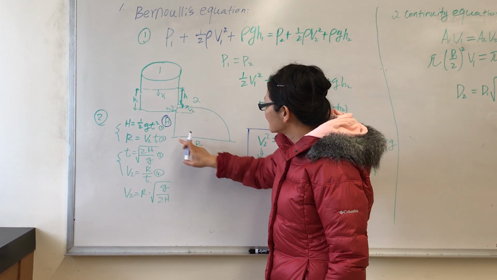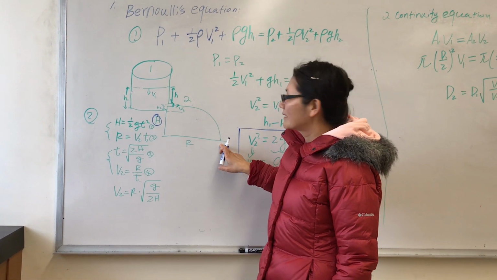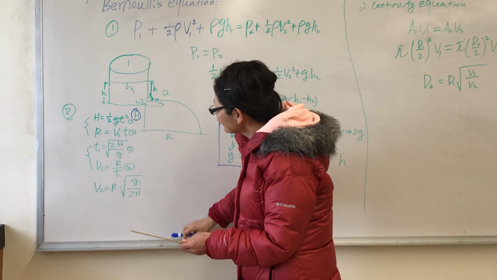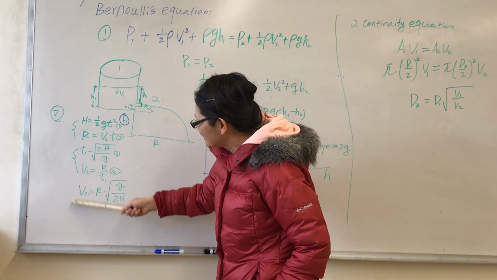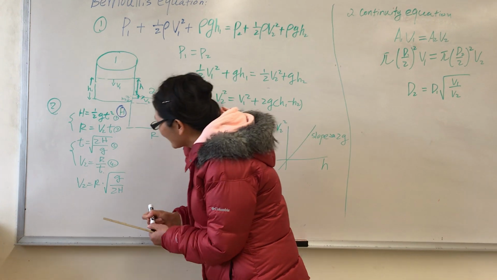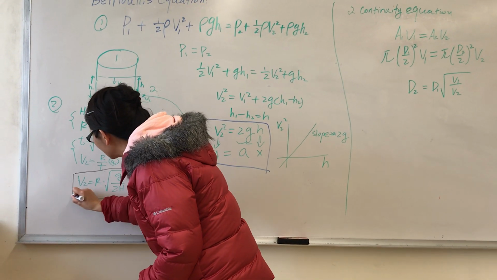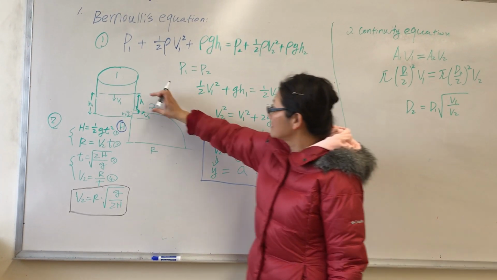The range R is from under the orifice to wherever the water hits the ruler. Okay, I do some math right here, so I got T2 equal to this. This is how we calculate T2. Then we calculate V2, and this is your Y. H is this.